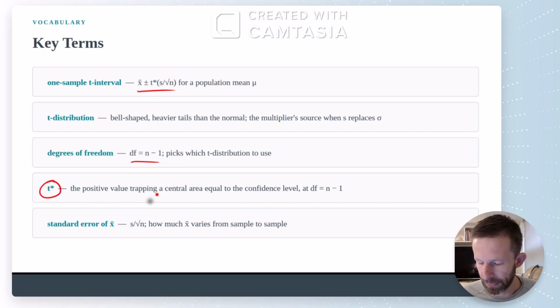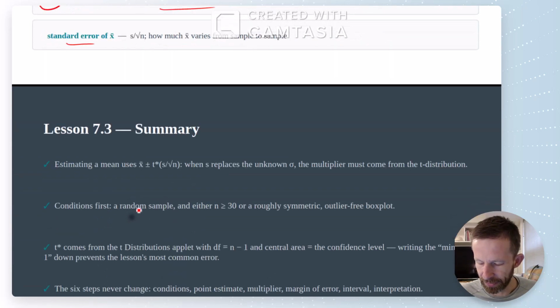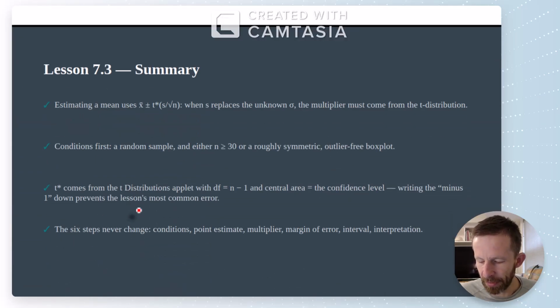T star is the multiplier using an inverse t distribution, and standard error of x bar is just the sample standard deviation divided by the square root of sample size. So estimating the mean uses this formula. Conditions: it has to be random. The sample has to be collected randomly, and either the sample size has to be greater than or equal to 30, or the data has to be roughly symmetric.